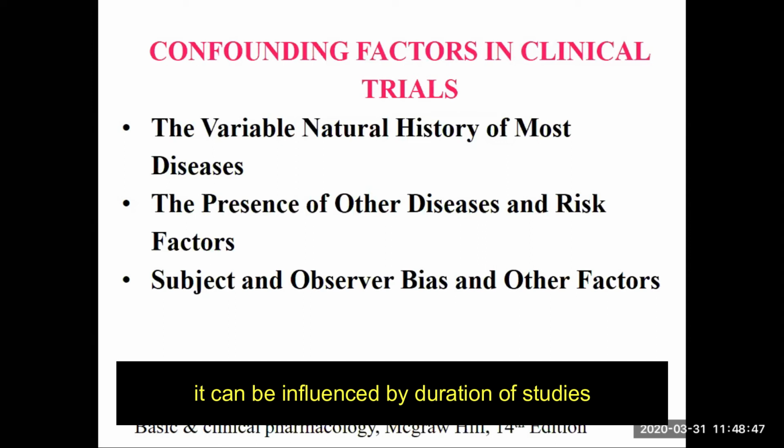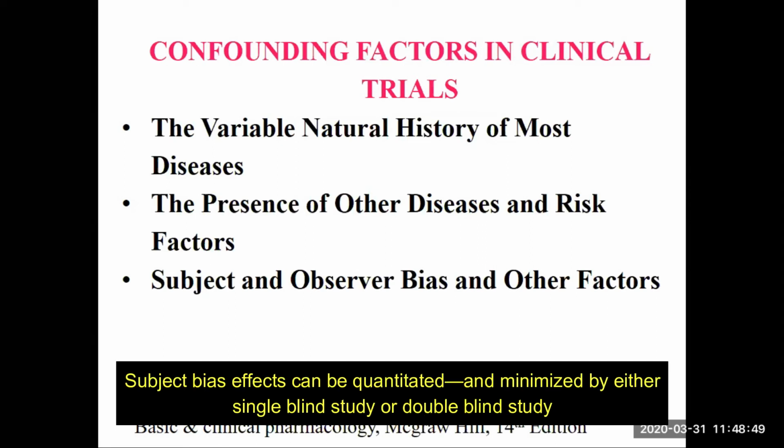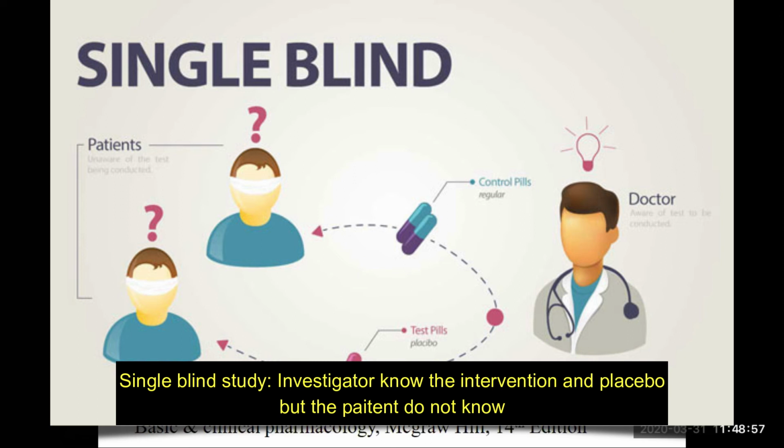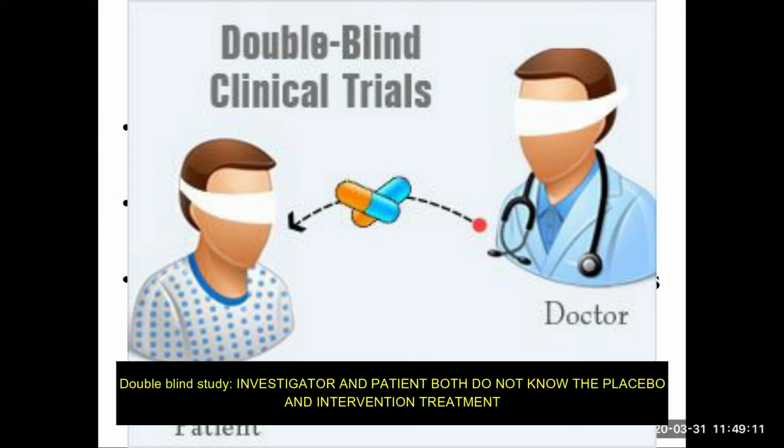Then the subject bias effect can be quantified or minimized by either a single blind study or a double blind study. In a single blind study, the investigator knows the placebo treatment and the intervention, but the patient doesn't know. Whereas in a double blind study, the patient and investigator both do not know which treatment is a placebo and which one is the treatment.